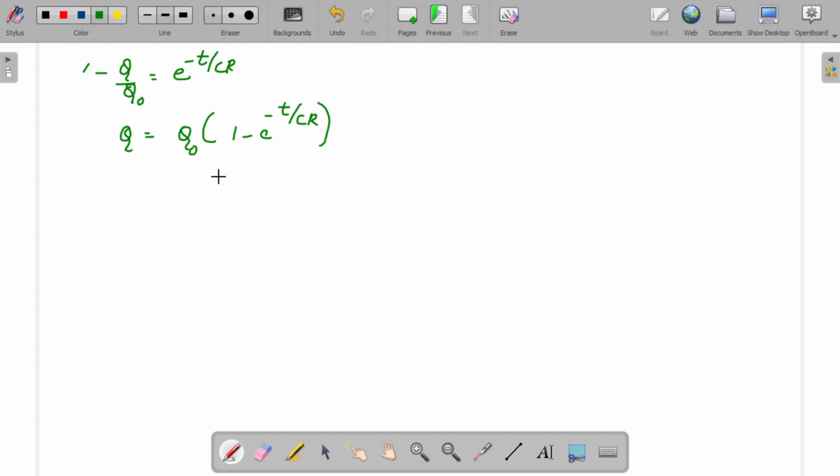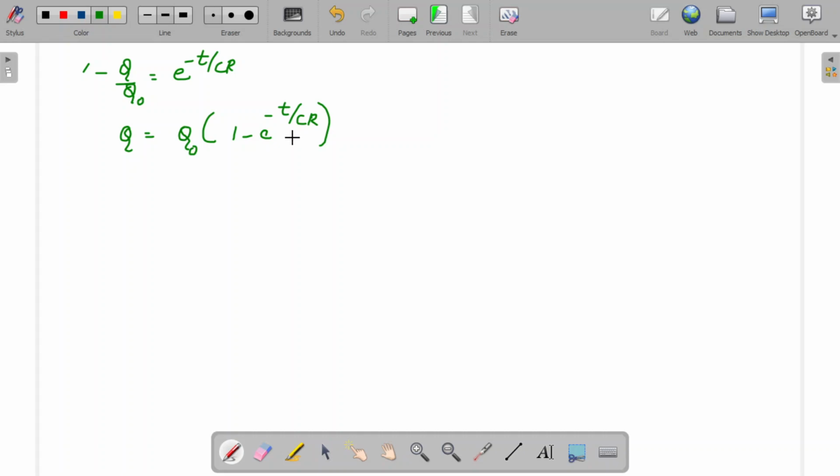Now, when you compare this equation to the one you have learned in the case of growth of current in an LR circuit, you can see that the current growth there and the charge growth here are both the same kind of representation, right? As discussed earlier, there we had discussed time constant in a different way.